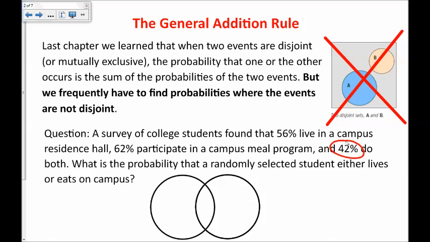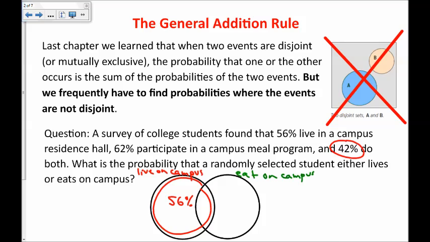Now I'll consider this part of the Venn diagram those that live on campus. This side. And this part eat on campus. In this circle, we find 56% of college students.